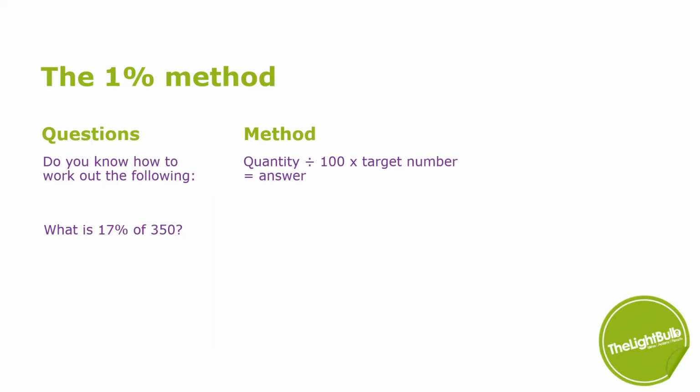So here we have 350 divided by 100 times by the target number, which is 17. That's the percentage we're looking for. And that calculation will give us our answer. So 350 divided by 100, that gives us 3.5. That's 1%. Times it by 17 gives us our answer of 59.5.